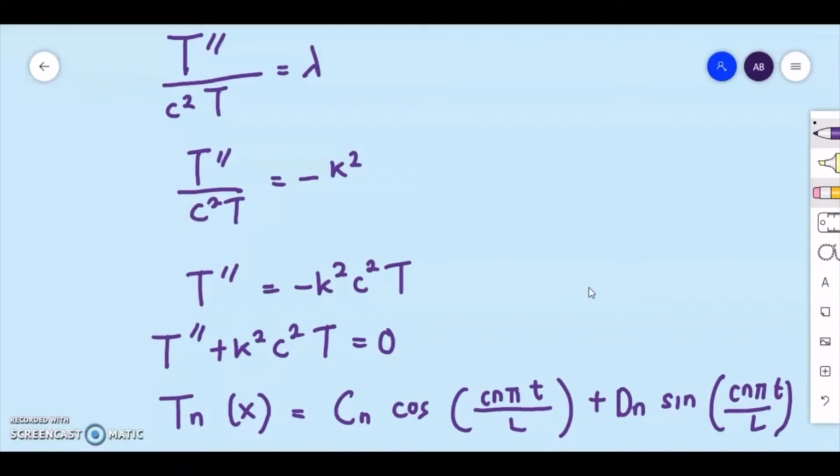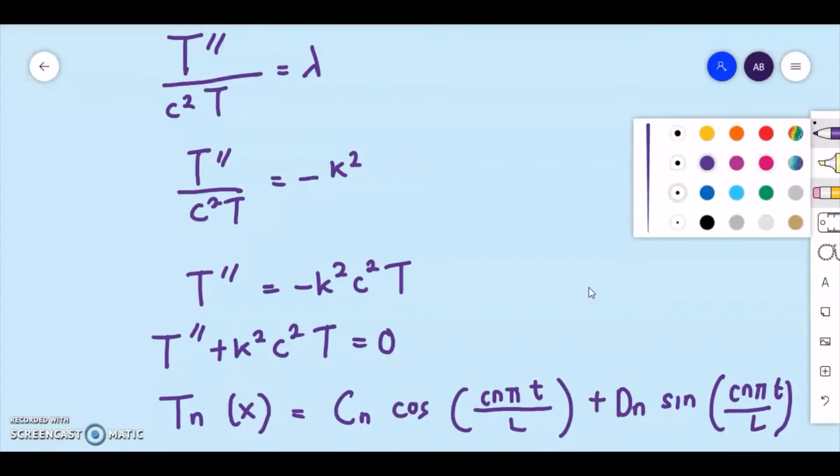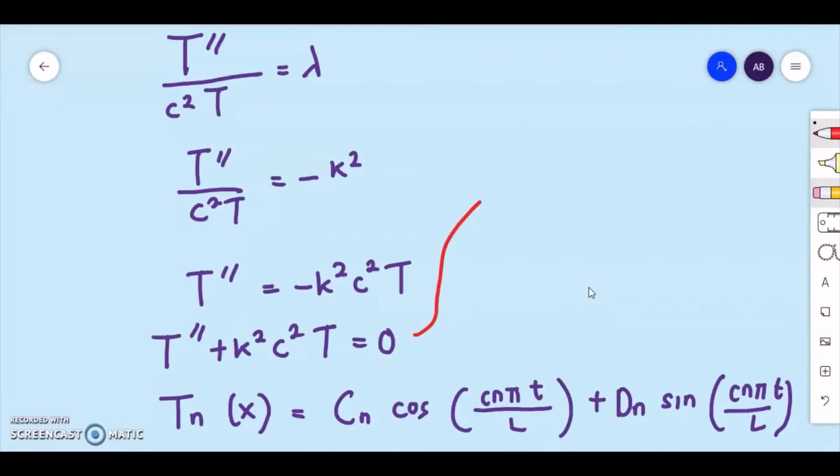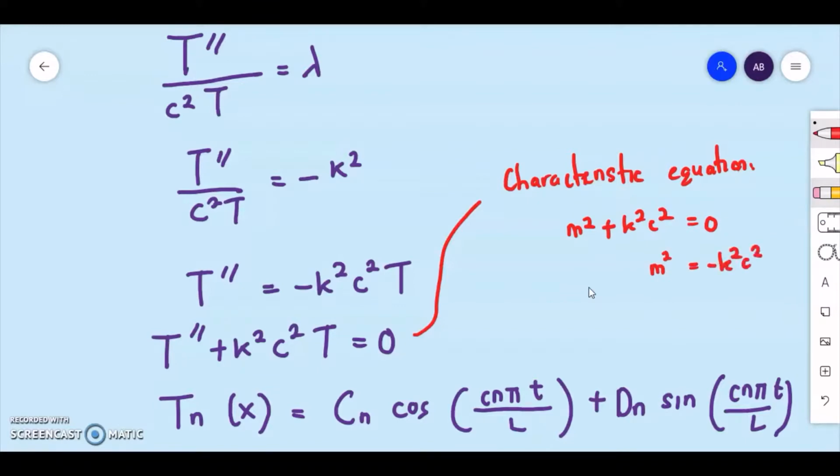Okay, so I hope you agree with me. Let me just tell you why the equation becomes like that. This will give me a complex root, because the characteristic equation gives m squared plus k squared c squared equals 0, m squared equals negative k squared c squared.